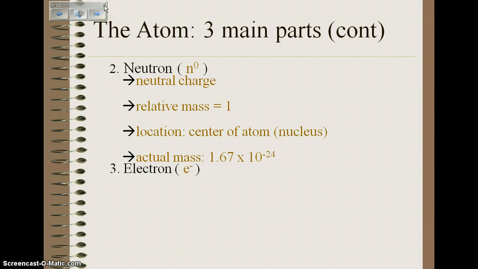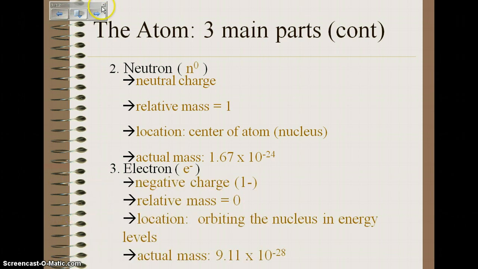And the final main part of the atom is called the electron, symbolized lowercase e, negative, because the electron has a negative 1 charge. We say that the electron has relatively no mass. It does have a mass, but the mass is insignificant. The location of the electron is orbiting the nucleus in energy levels.